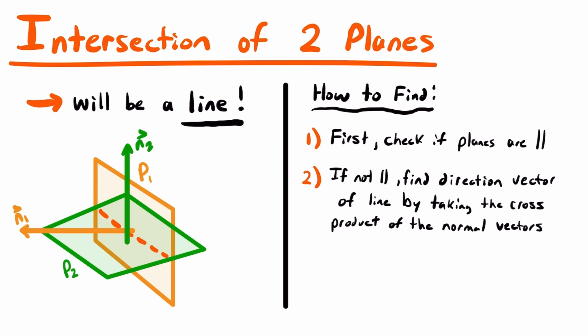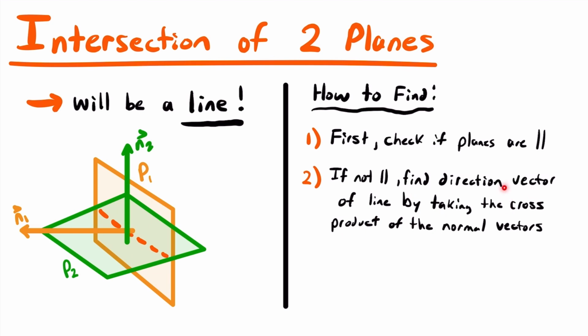And so if you take the cross product of these two normal vectors, what you're going to get is a vector that's perpendicular to those two normal vectors, and that perpendicular vector will either look something like this or like this, which will be a vector parallel to that line of intersection. All right, that line of intersection will be perpendicular to both of those normal vectors, and so we can find a direction vector or a vector parallel to it by taking the cross product of the normal vectors from those planes, okay?